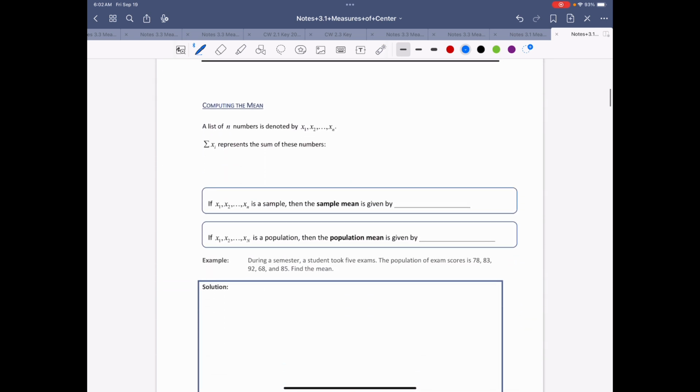I want to talk about finding a mean. Let a list of little n numbers be denoted by x1, x2, all the way to xn. And when you see this symbol, you know from Algebra 2, it represents the sum of these numbers. When you do a mean, you're going to do a sum. And anytime you see a little n, it means the size of the sample.